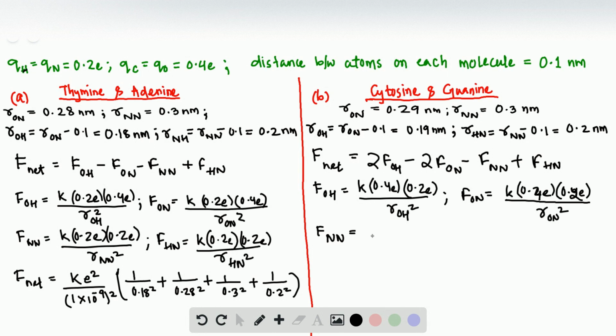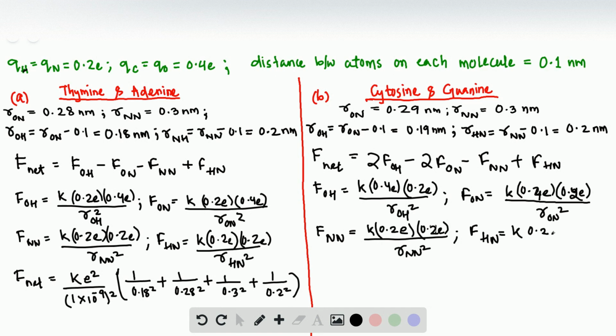FNN will be K times 0.2 e times 0.4 e over RNN square, and FHN will be K times, oh sorry, this will be 0.2 as well.